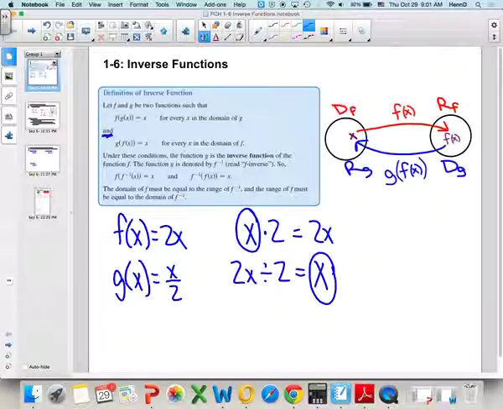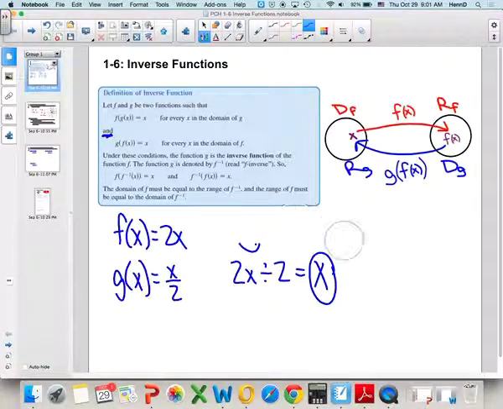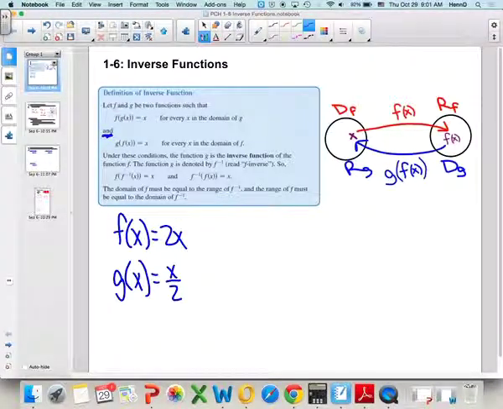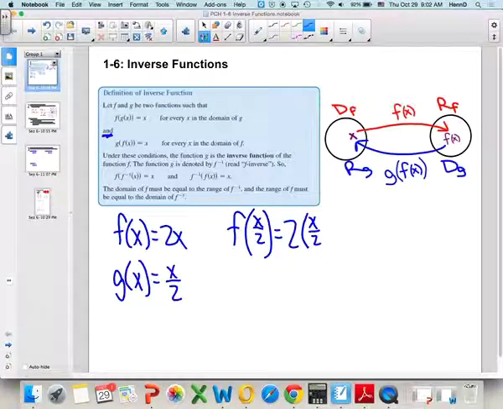So watch this. Let me erase this. If I take f of g of x, f of x over 2, f of x is 2x, so I have 2 times x over 2. Well, what does that equal? x.